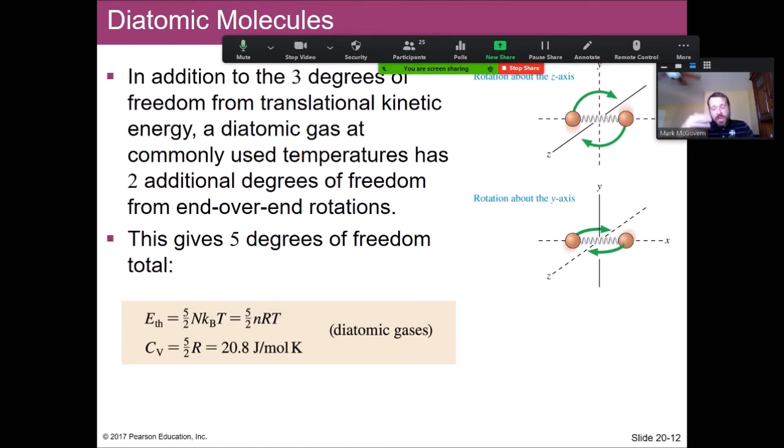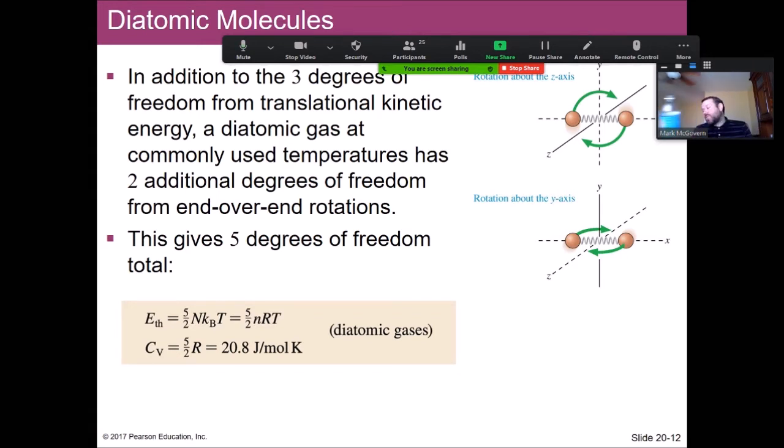And that's true as you heat up the air. Yeah, it will bounce around faster, but it also has the ability to start incorporating rotational potential energies. And so it has 5 degrees of freedom: 3 for translational, 2 for rotational. If you really heat things up, then you can get atoms to vibrate.